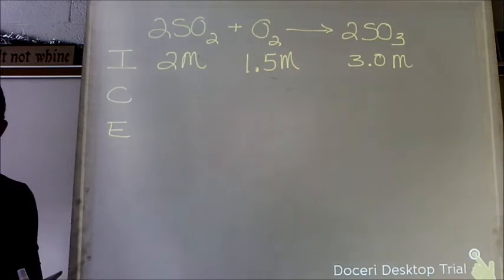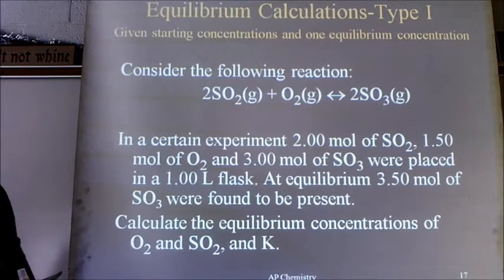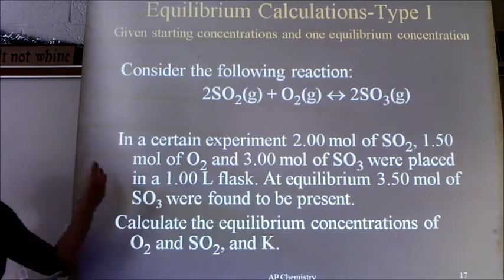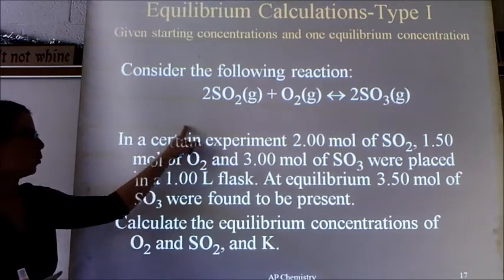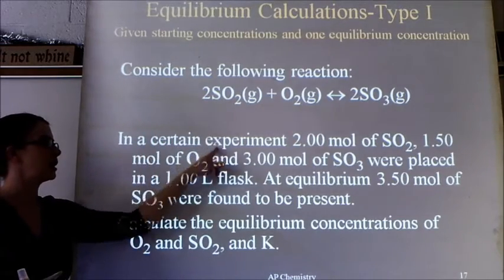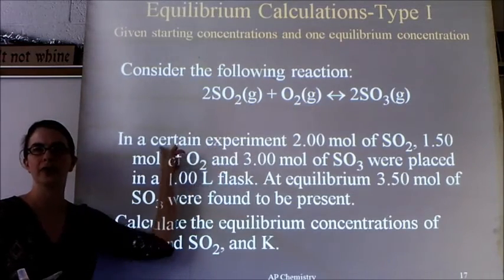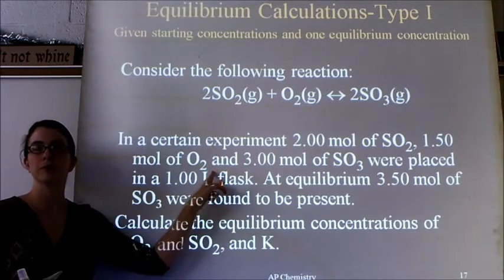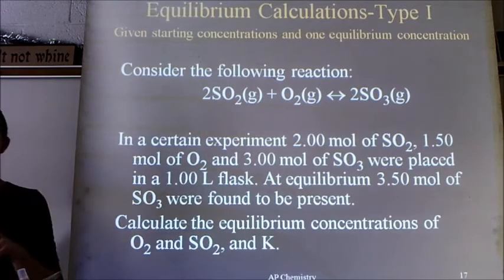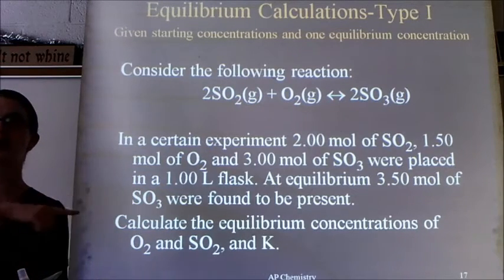Let's look back at the original slide. True or false? We have enough information right here in this first sentence to calculate Q. True. Well, what do you do with Q to figure out which way it's going to move?